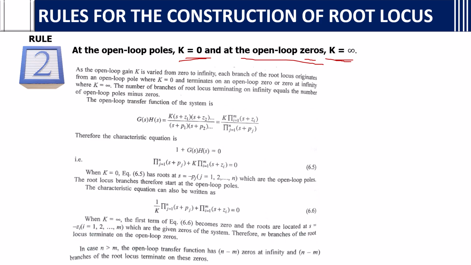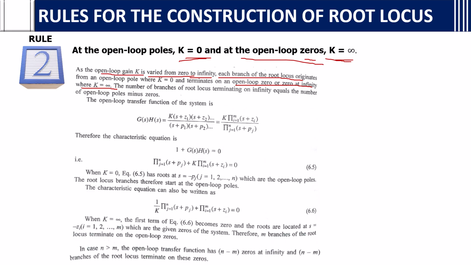As the open loop gain k is varied from 0 to infinity, k is what? Open loop gain. Each branch of the root locus originates from an open loop pole, k equals 0, and terminates on an open loop zero or zero at infinity, where k equals infinity.